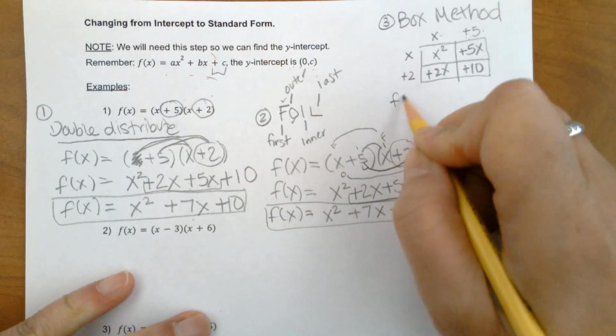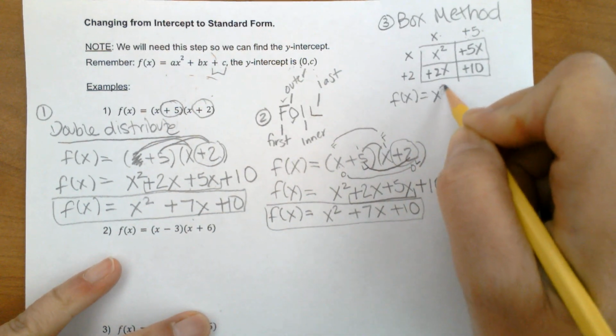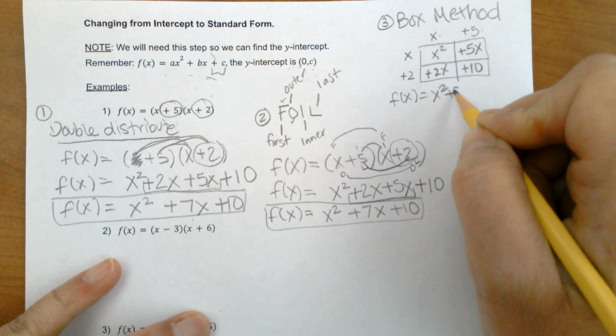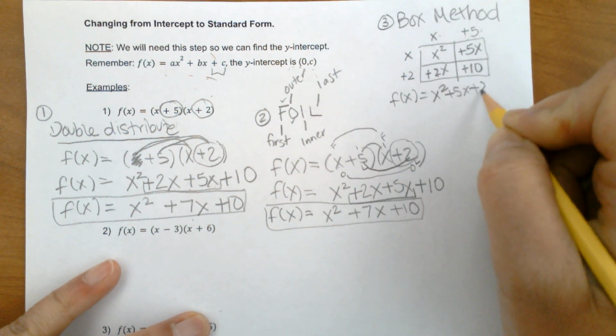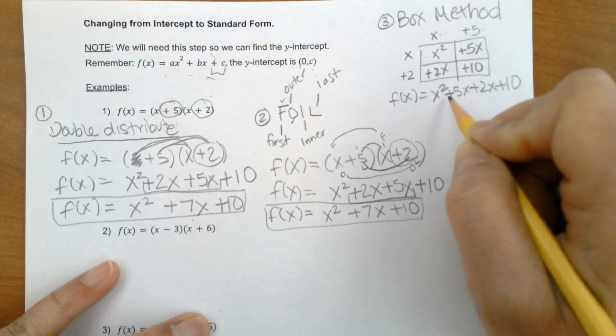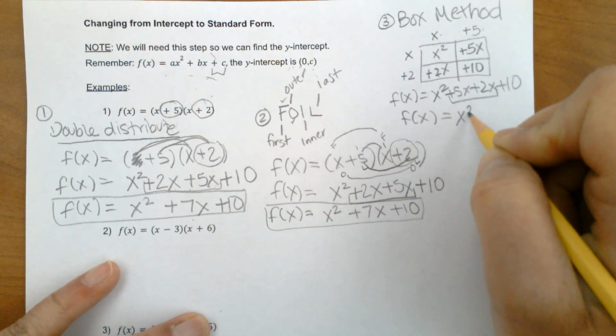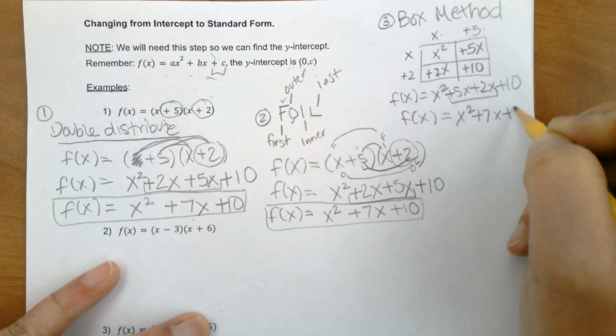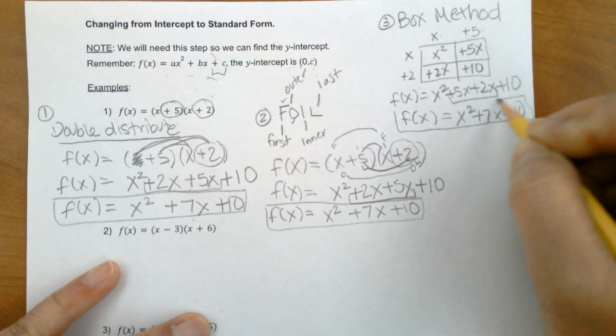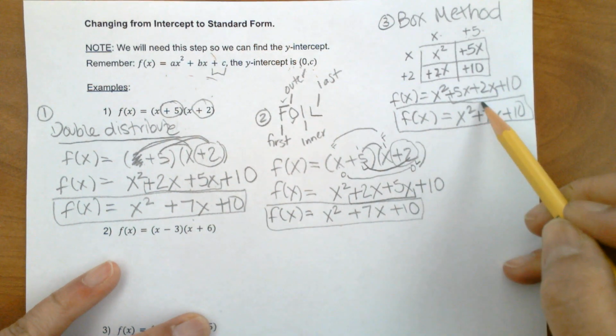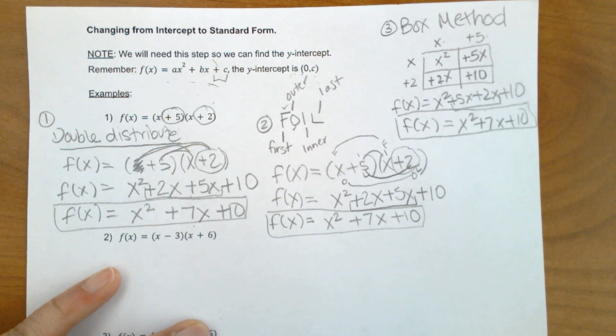And then what we could do is we write everything down. X squared plus 5x plus 2x plus 10, and we do the same last step. F of x equals x squared plus 7x plus 10, and we get the same answer, but 3 different ways.